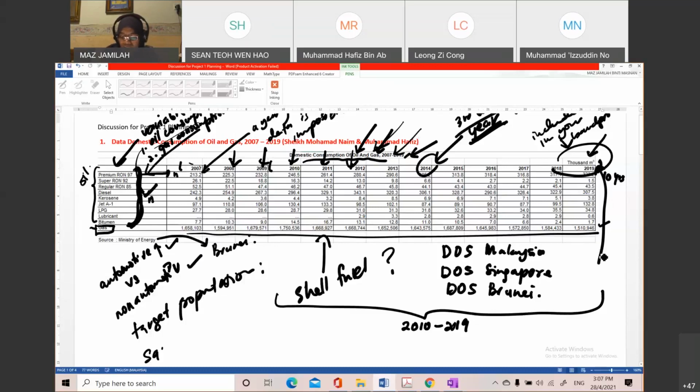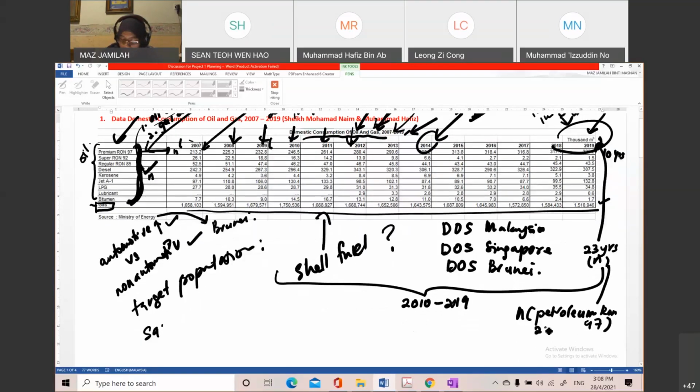From 2007 to 2019, 4 plus 9, so you get 23 years of N. If you are talking about N for petroleum RON 97 from 2007 until 2019, your N will be the summation of all these values.